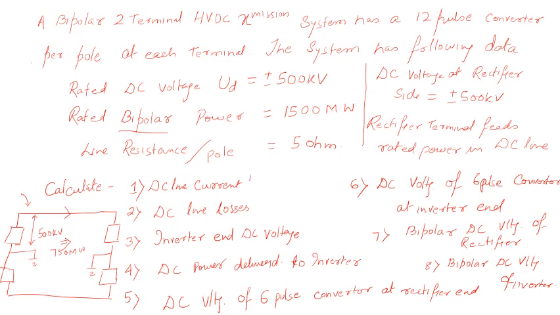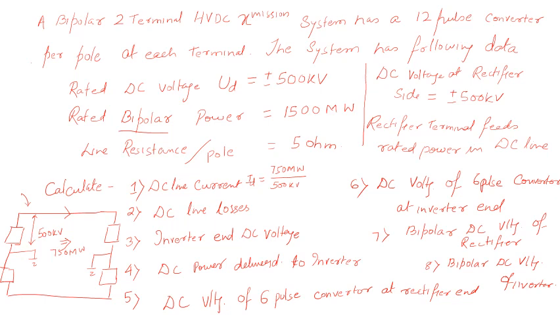That ID is how much current is flowing. So you can expect 750 megawatt divided by 500 kV. So that will be your current. Okay, so line loss. This line loss is per pole 5 ohm. So one pole has a resistance of 5 ohm.